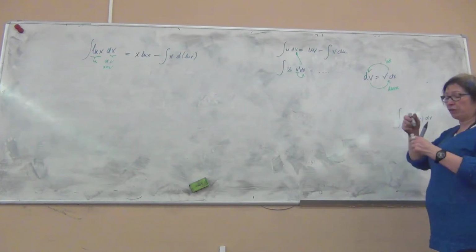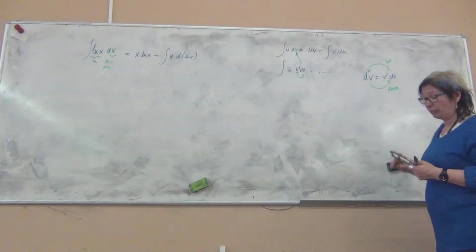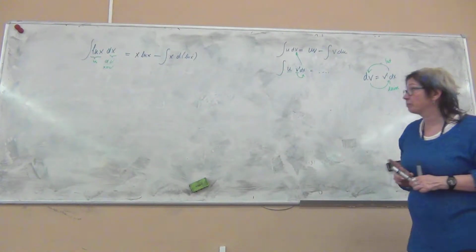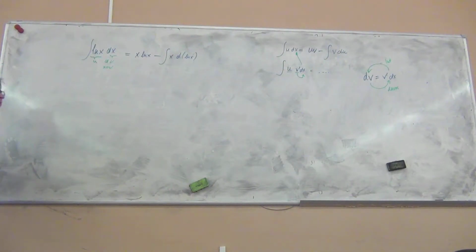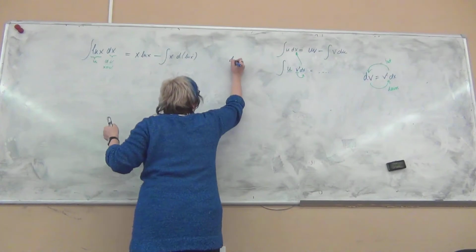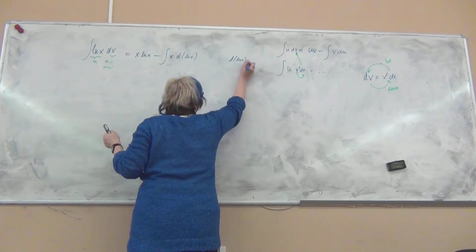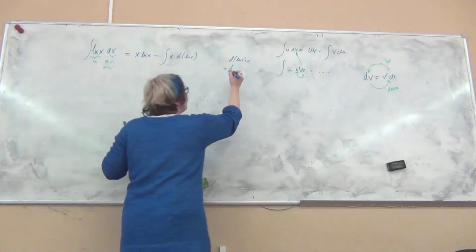So this is the thing that's always on the board. For now, it won't be on the board during the test, but it's in your notes. Okay, so d of ln x is actually the derivative of ln, which is 1 over x, times dx.